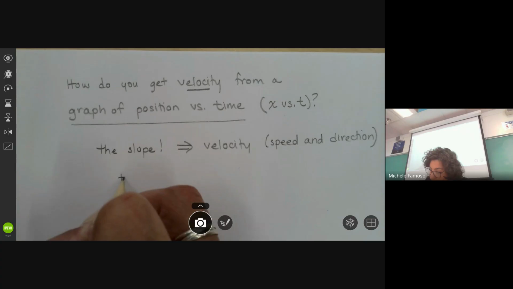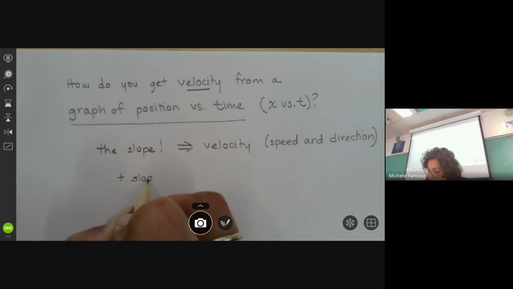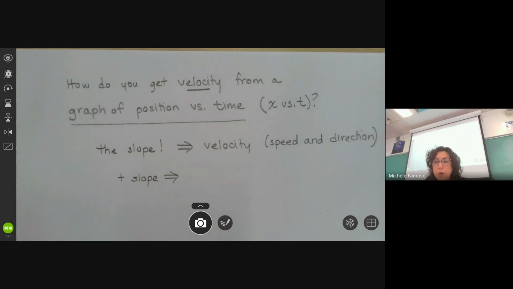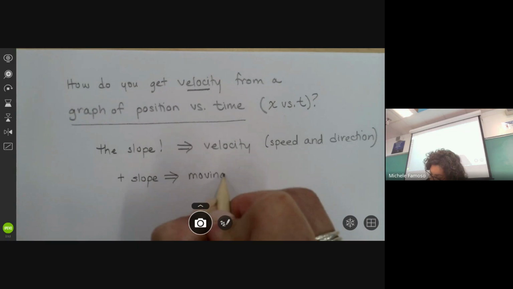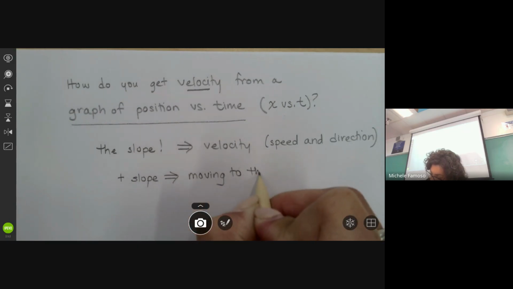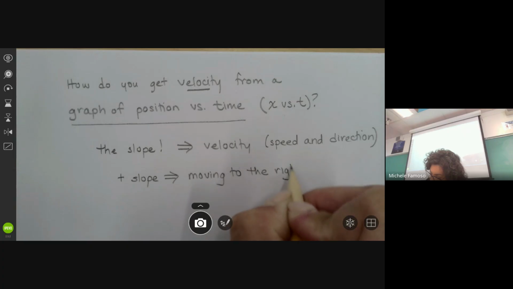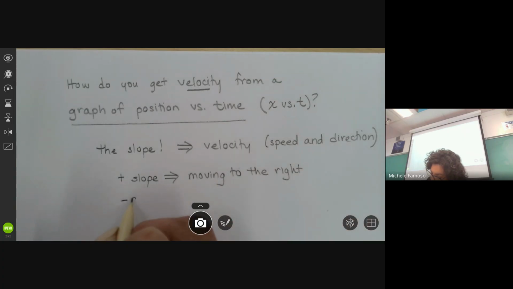Do you remember from the lab, if you had a positive slope, what does that mean? Yep, that means you're moving to the right. If you have a negative slope, what's that going to mean? Carolyn? That's right.